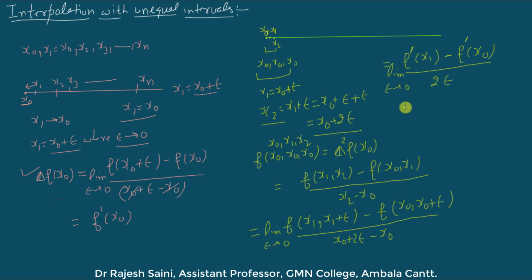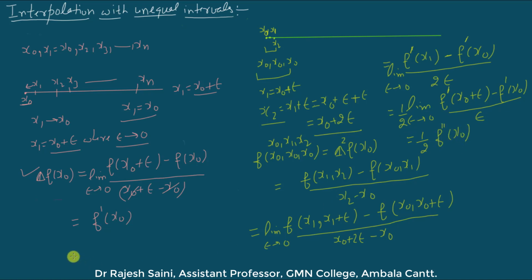Once again, this can be written as the limit as epsilon approaches 0; 1 by 2 is a constant quantity, so it will come out. This will be f dash x naught plus epsilon minus f dash x naught, divided by epsilon. By the definition of differentiation, this is nothing but f double dash x naught.